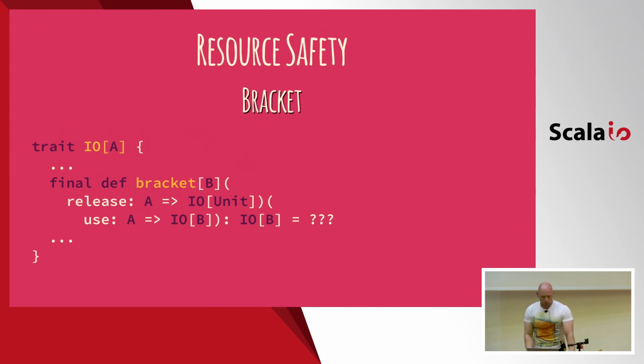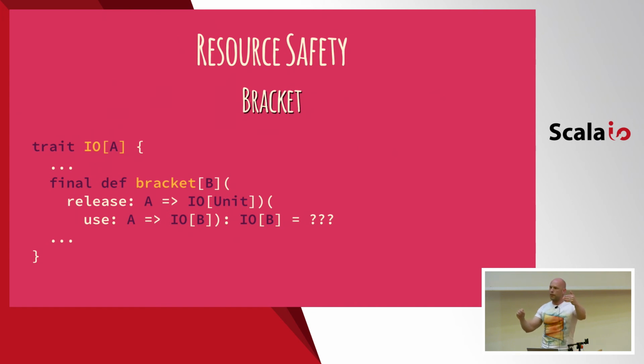So this is one of the primitives that's baked into ScalaZ 8, so you have a strong guarantee that if your acquisition succeeds, release will be called under all possible circumstances. And that includes, by the way, interruption.